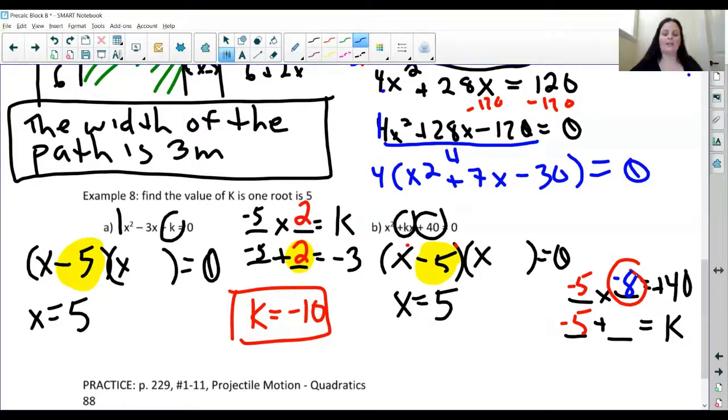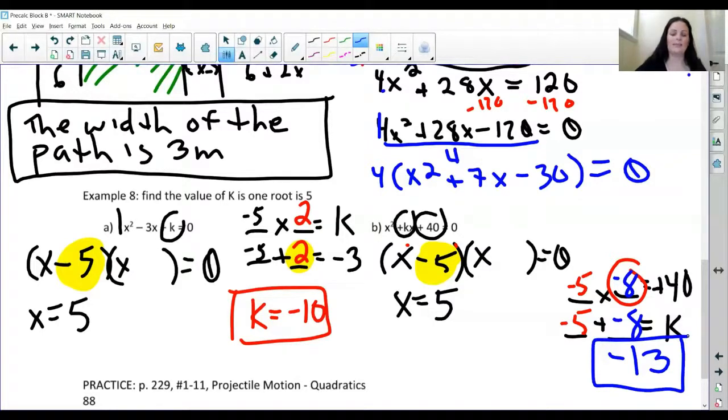So it's going to be -5 times -8 is +40. And that means if this is -8, -5 plus -8 is going to give us -13. And that means k equals -13.